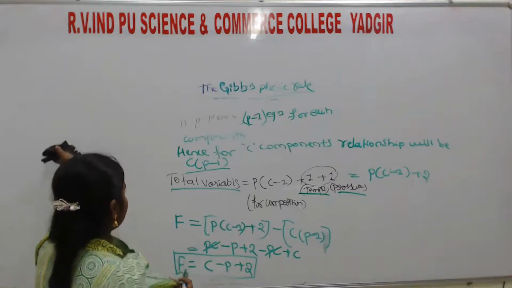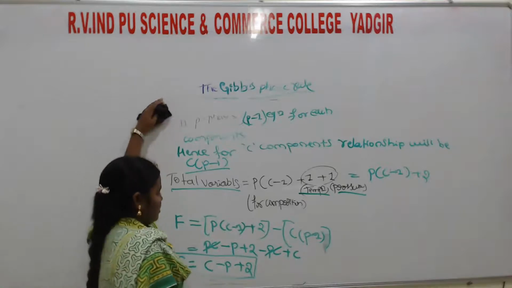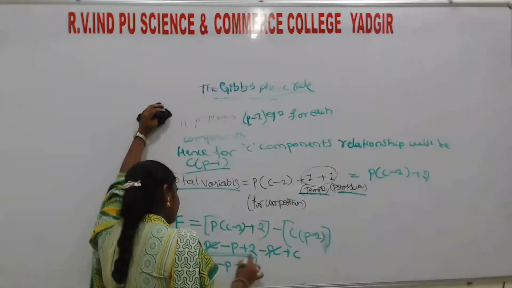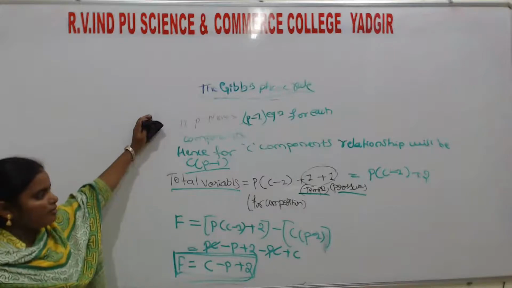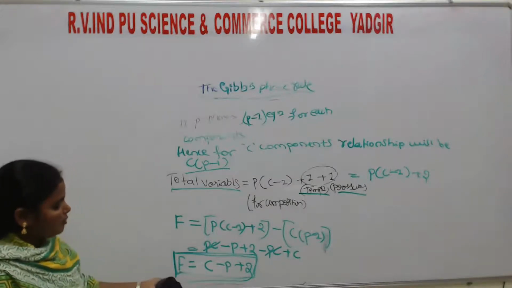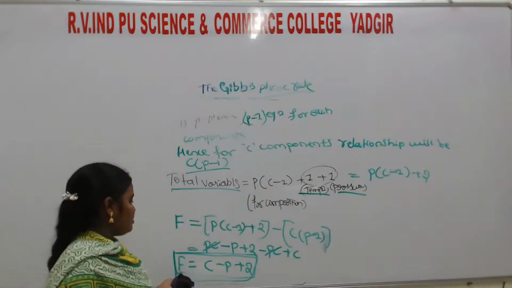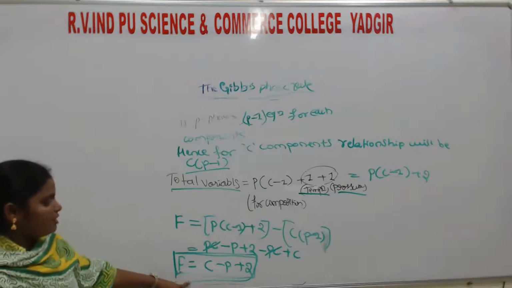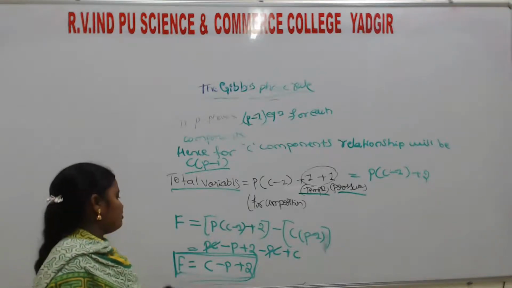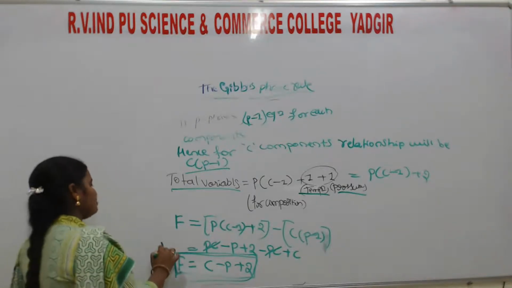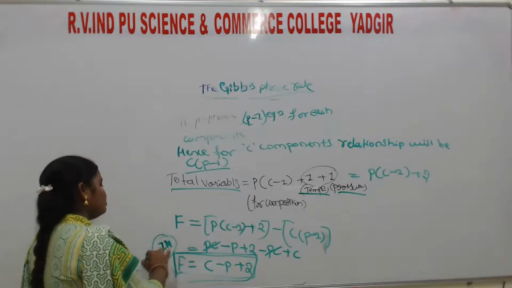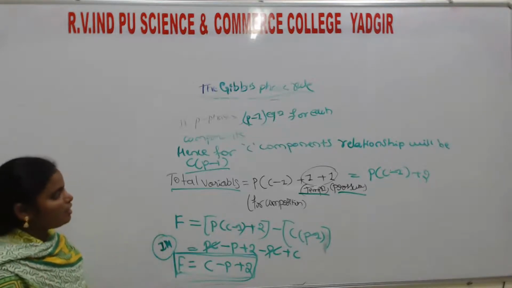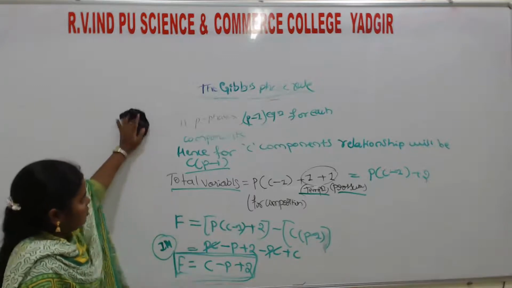It is very important: they may ask for the Gibbs phase rule equation, F equals C minus P plus 2, or its derivation, as a 1 mark or 2 mark question.